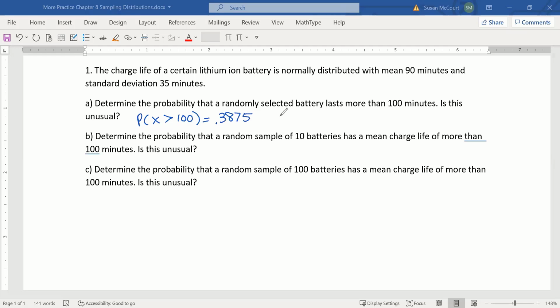They ask if it's unusual. It is not unusual because it's greater than 0.05. And that's how we decide.